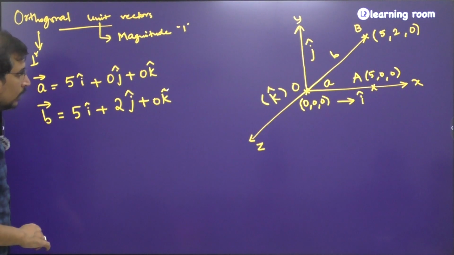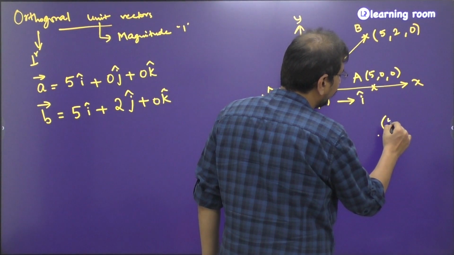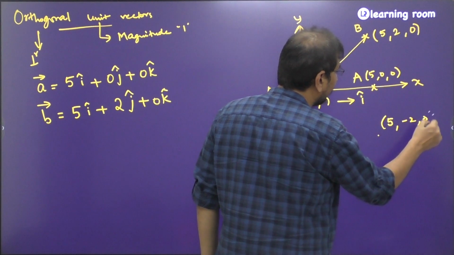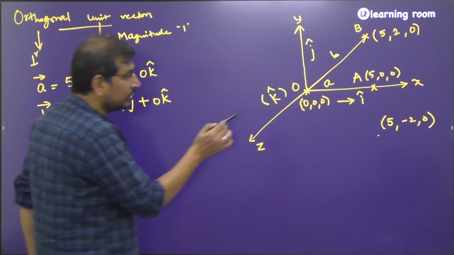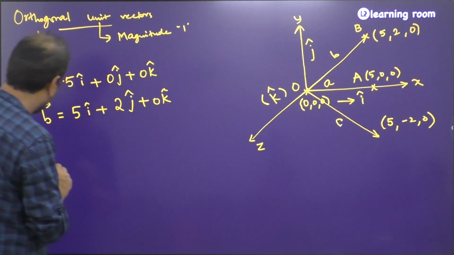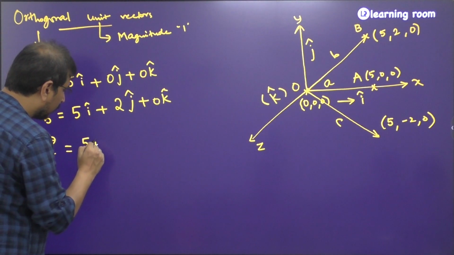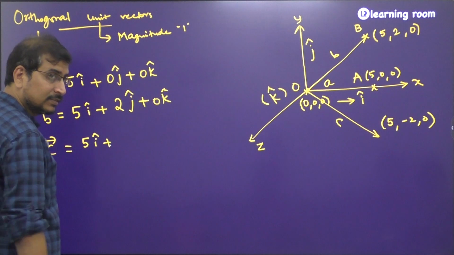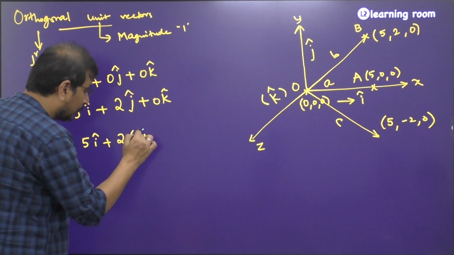I'll come. Suppose I take the point to be here, which is 5, minus 2, 0. Then let me call this C. C vector will be equal to 5 I cap plus 2 times minus j cap.